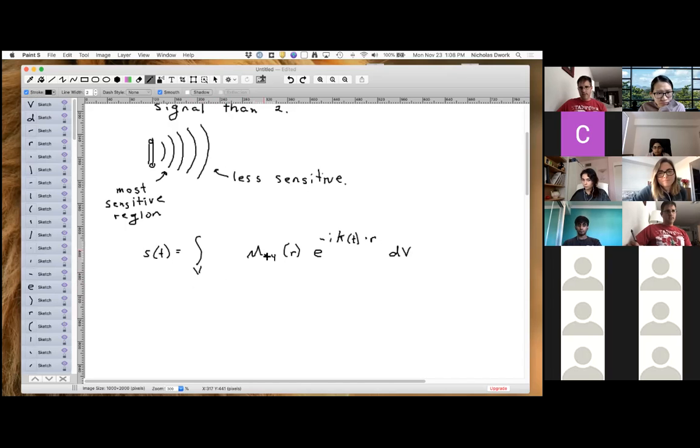So we're integrating over a volume and summing up the sizes of these particles and their phases. But now, the farther away from the coil, the less it senses. So it's like there's this other function superimposed.